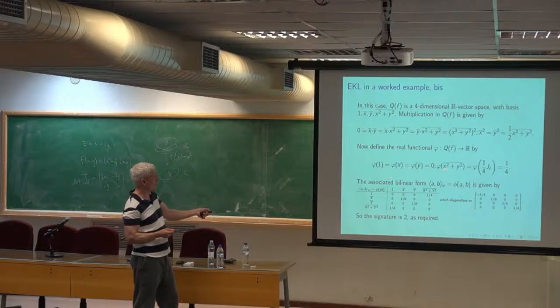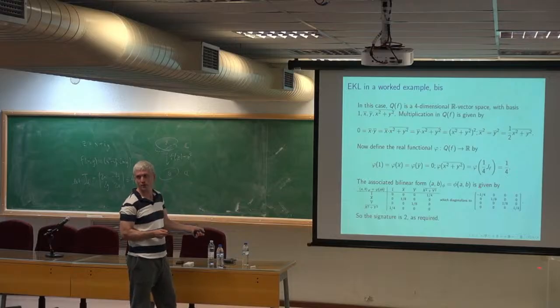So you can codify all of this in a table, which gives you a matrix representation so you can then use this to define, according to our recipe, a bilinear form, which is given by this table, and which diagonalizes to this matrix, which has 3 positive entries and 1 minus. So you just sum the signs along the diagonal, and you get 2 as required.